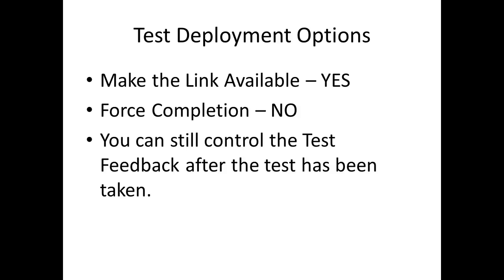If students want to see that more detailed view once you've allowed it, they can go into their student My Grades list and click on the score they earned on the test, and they'll see all of their attempt, and depending on what you check, they'll see a lot more data. Okay, so those are the most important takeaways from test deployment options.